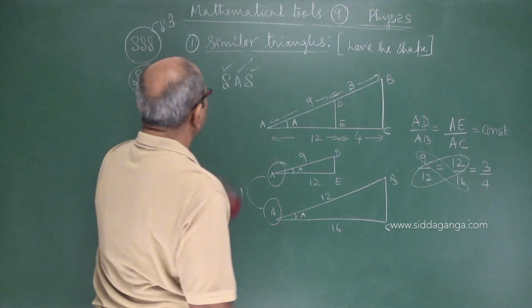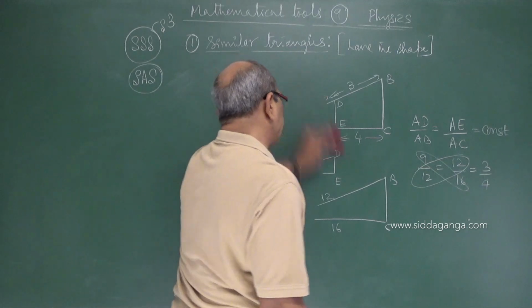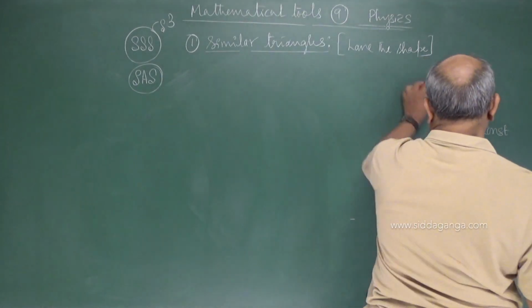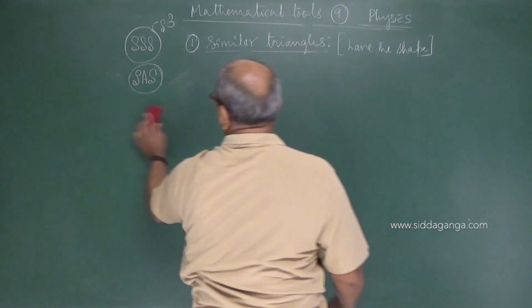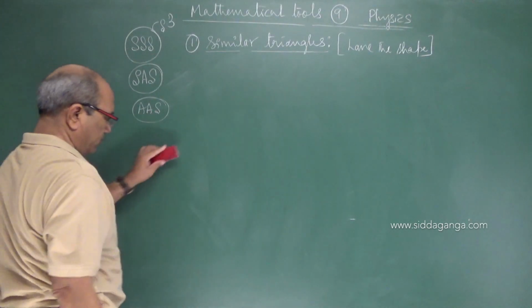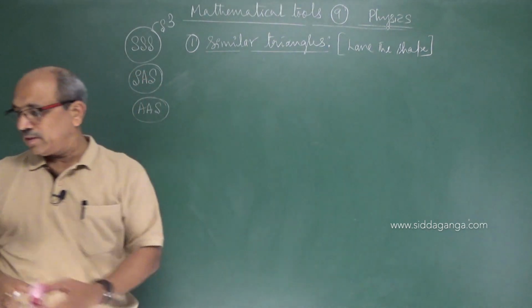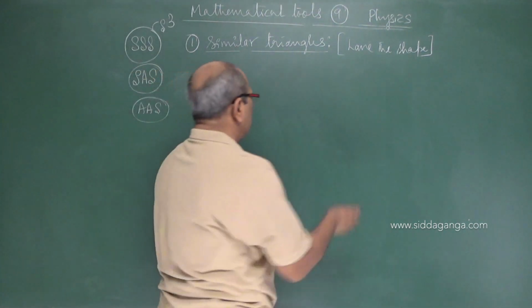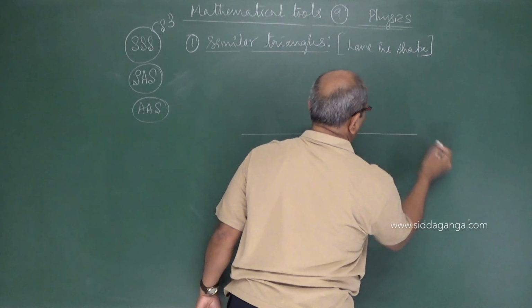This is your AA property, angle angle similarity property. This is most used in physics.